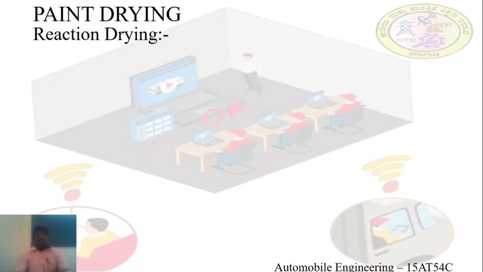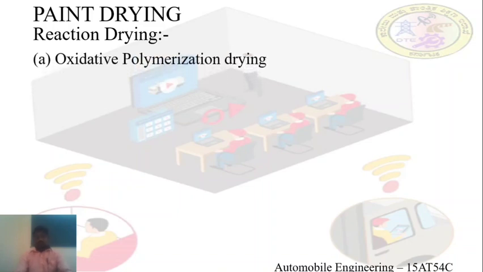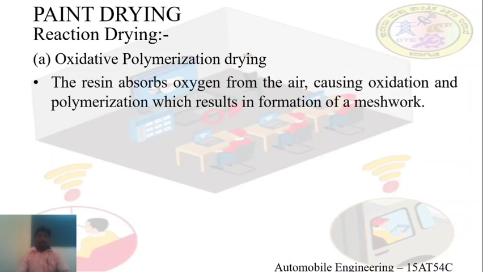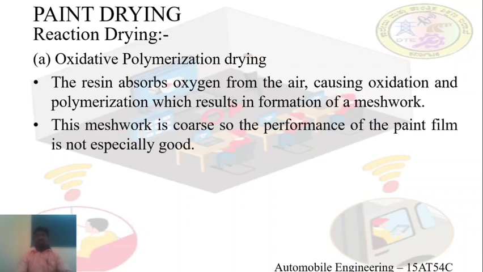If we go through the reaction drying, the first type of reaction drying is oxidative polymerization drying. In this drying process, the resin absorbs the oxygen from the air, which causes the oxidation and the polymerization, which results in formation of a meshwork. The formed meshwork is coarse, so the performance of this paint film is not that good.